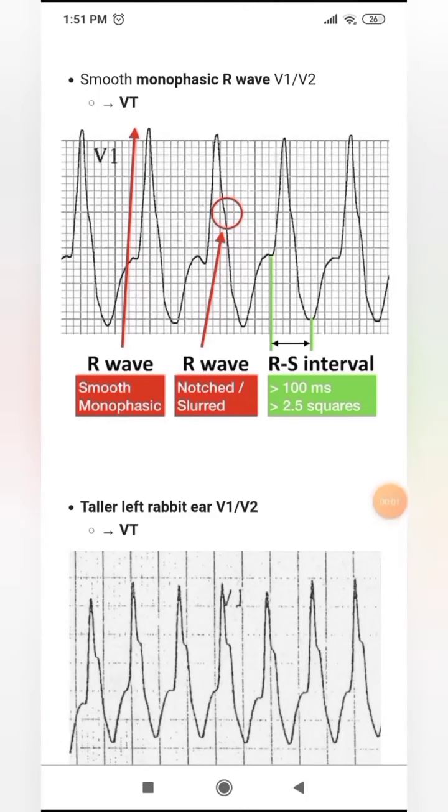But if the RBBB is present but the complexes are something like this, that is demonstrated in these figures.